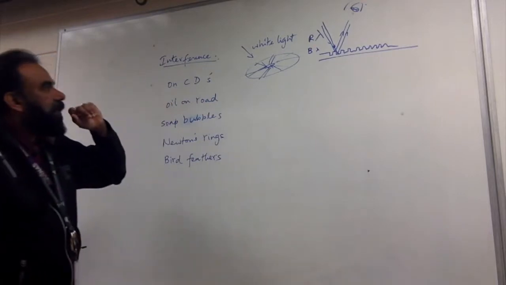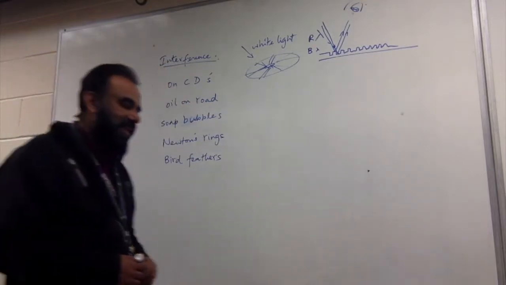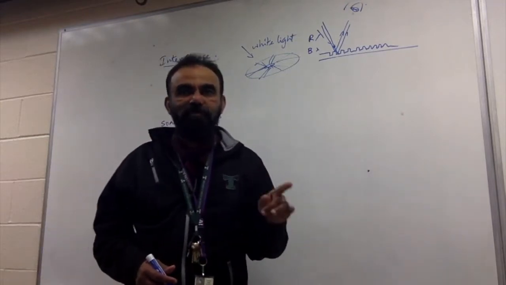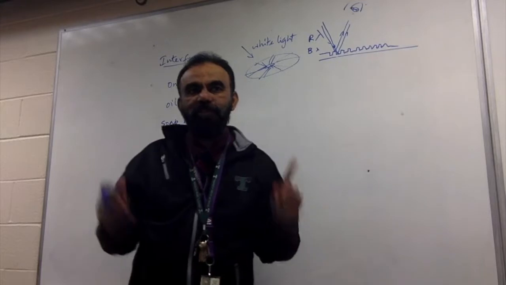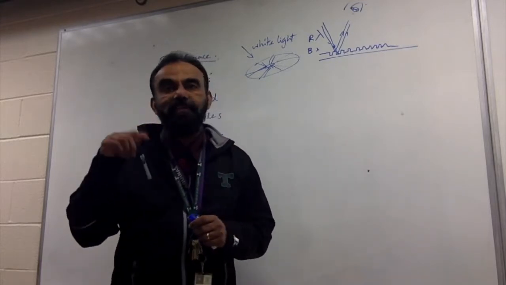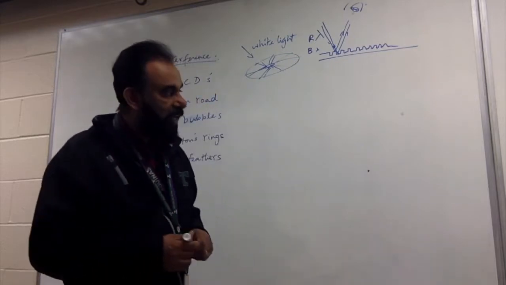Now, when all these reflections take place, there are two kinds of reflections. Just like last year, when you did waves, you studied reflection at a fixed boundary and reflection at a free boundary. That same concept applies to light as well.